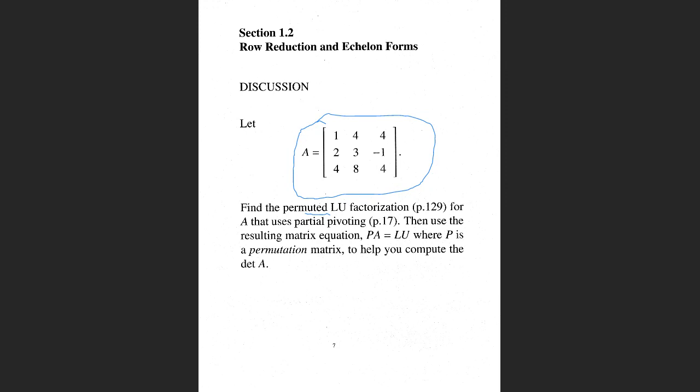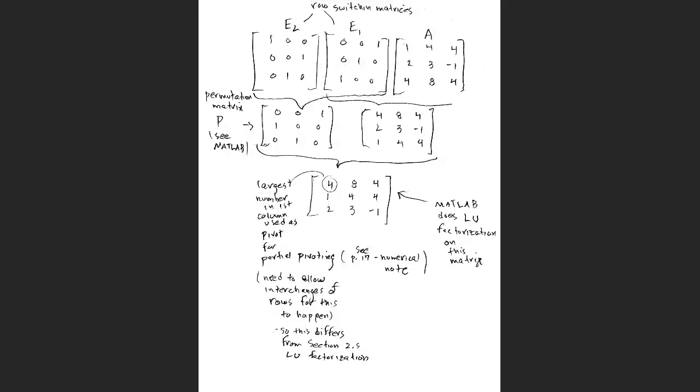In the first column, the number 4 is the largest number, so we want to use that as a pivot. In order to do that, we take the matrix A and pre-multiply it by this elementary matrix E1, so that the 4 is brought to the top, and then it'll be the pivot in the first column.